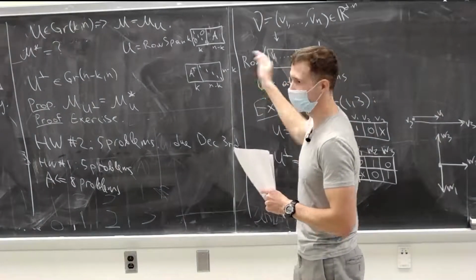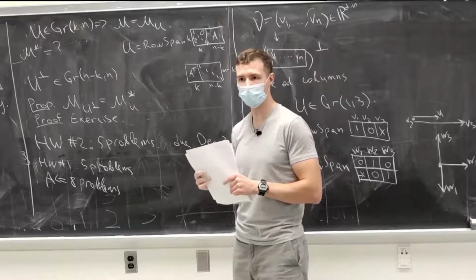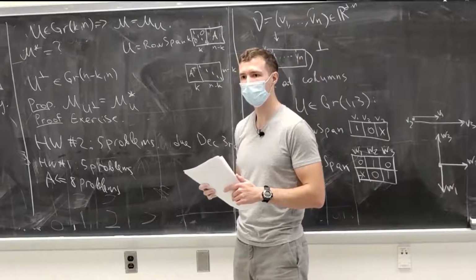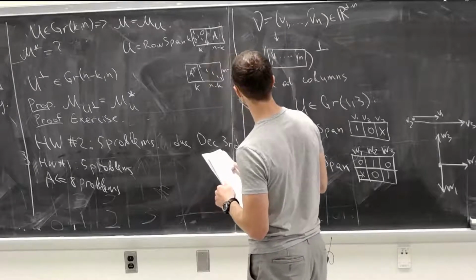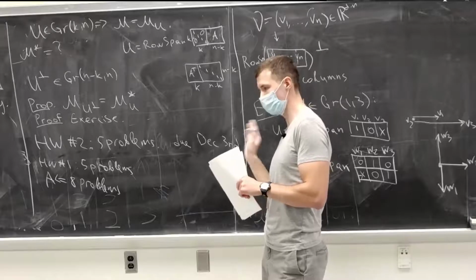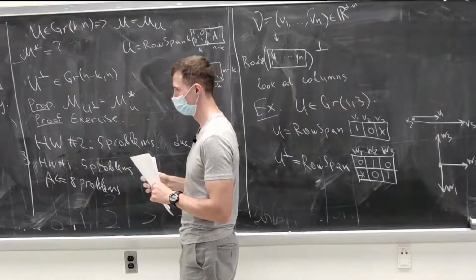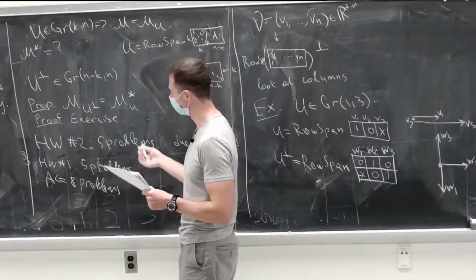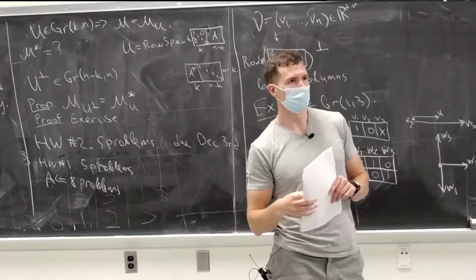Oh, this is true over any field. You can have an inner product over any field. Wait, hold on, let me think about it. I think this works over any field, and in particular, you're saying we could have non-zero vectors which are orthogonal to each other over a field.